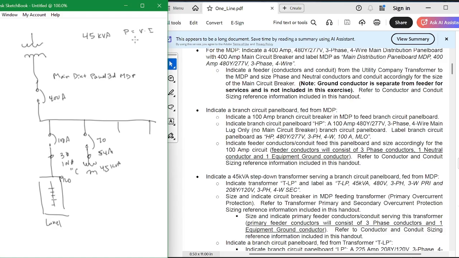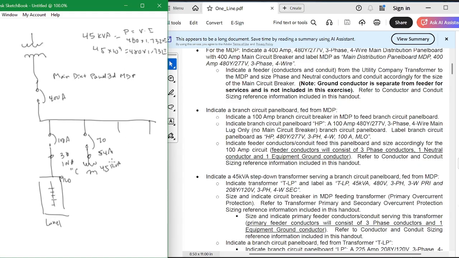V times I. So this is equal to 480 volts times 1.732 for three-phase. And this is 45,000. 45 times 10 to the third is equal to 480 times 1.732 times I. So what is I? You just drop off the 10 to the third, and you get 54.